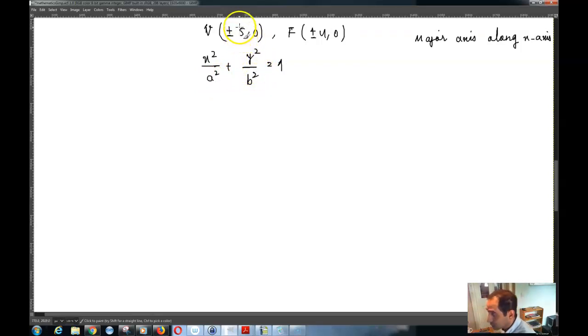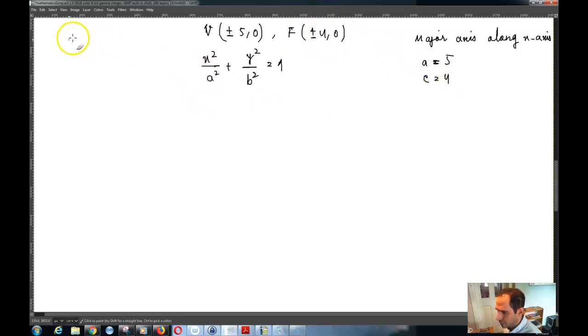Now your vertices are at a distance a from the center, so that means that your a is 5. Your a is 5 and your c is 4, because your foci are at a distance c units away from the center.